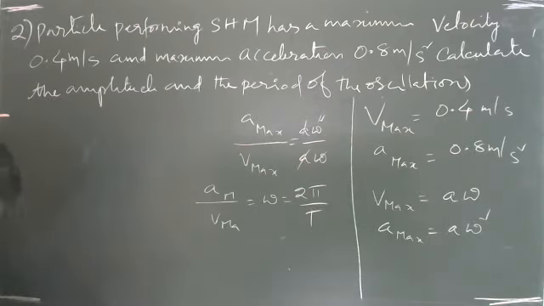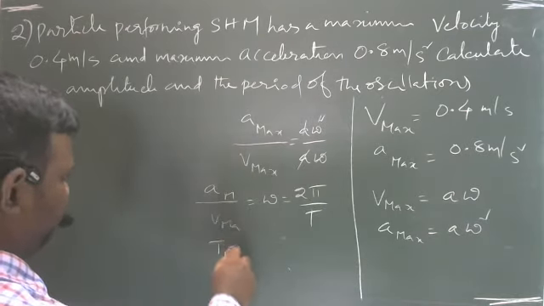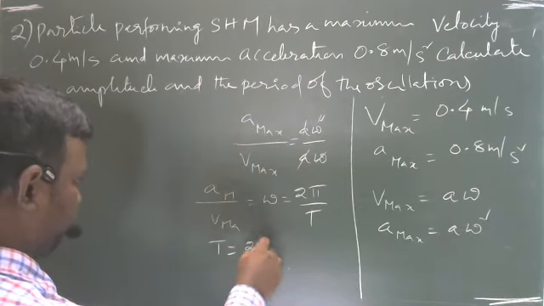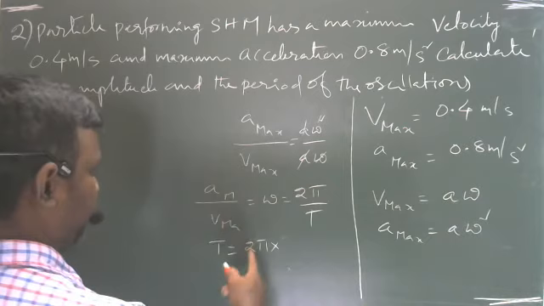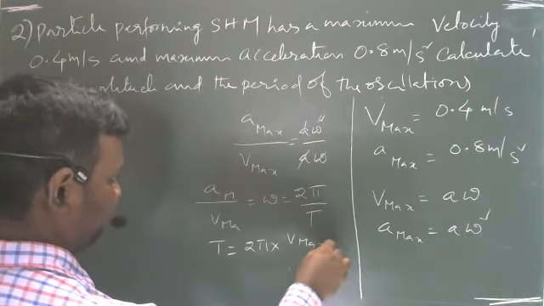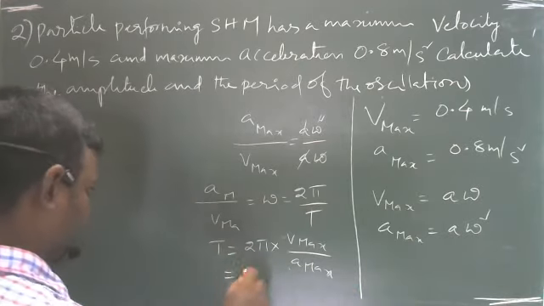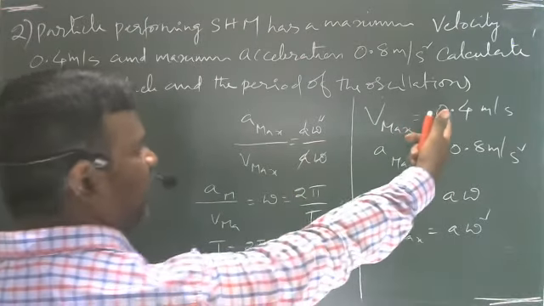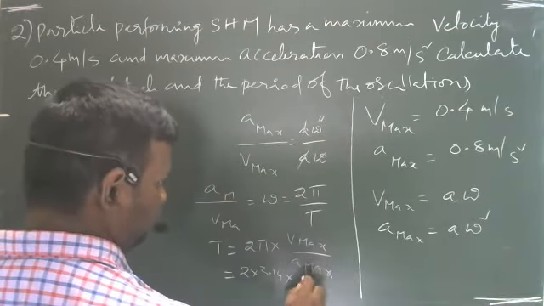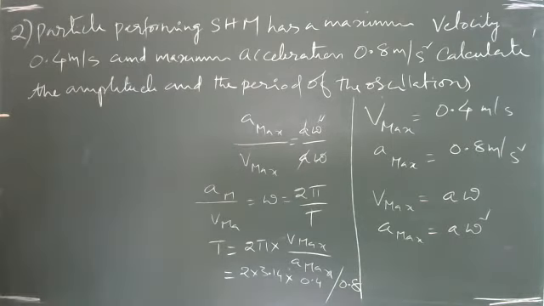So t is equal to 2 pi into V max by A max. That is equal to 2 into 3.14 into 0.4 by 0.8.